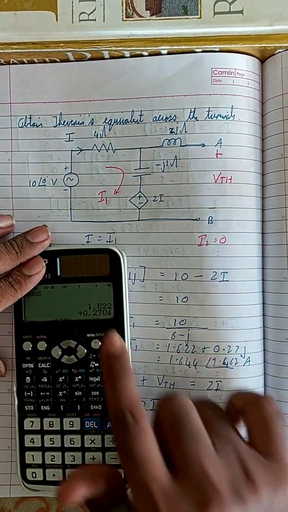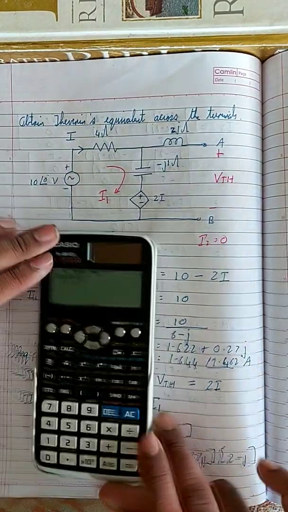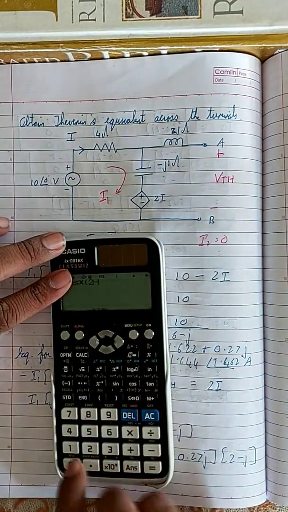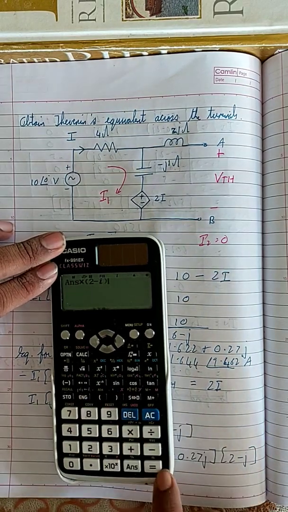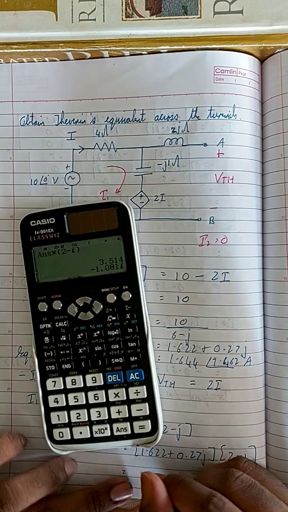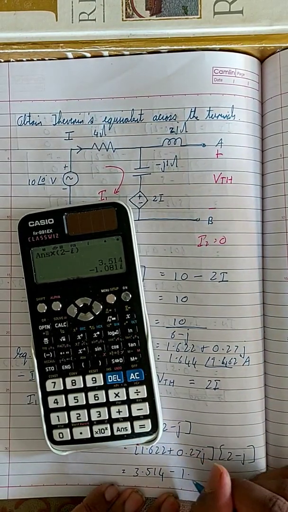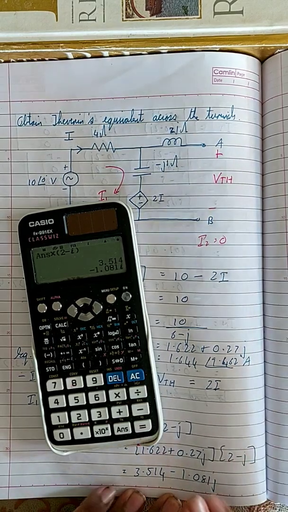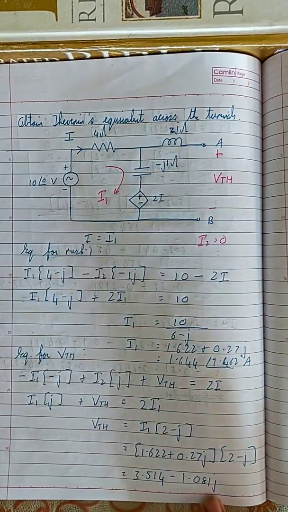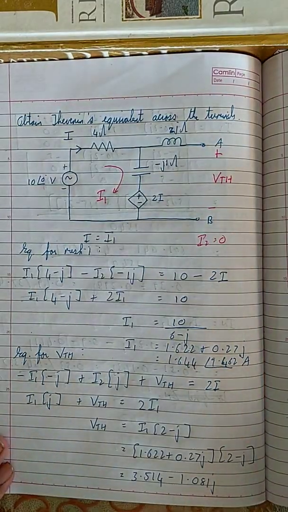(1.622 plus 0.27j), right? This answer I will multiply with 2 minus j, and I will get 3.514 minus 1.081j.